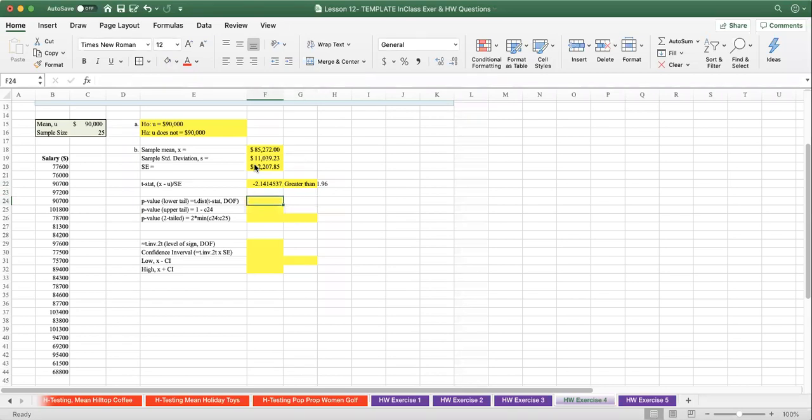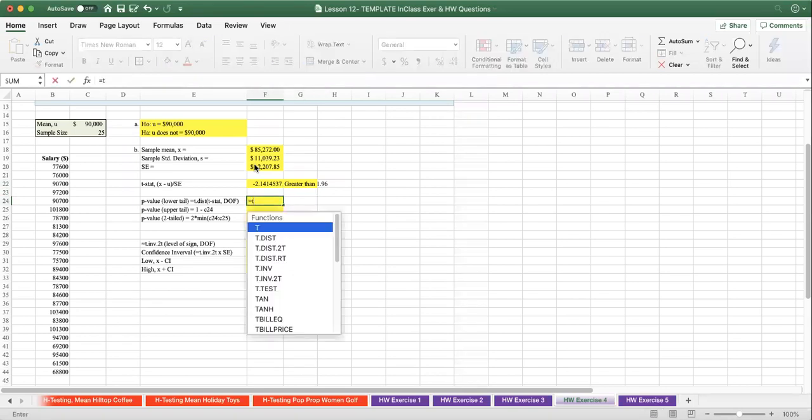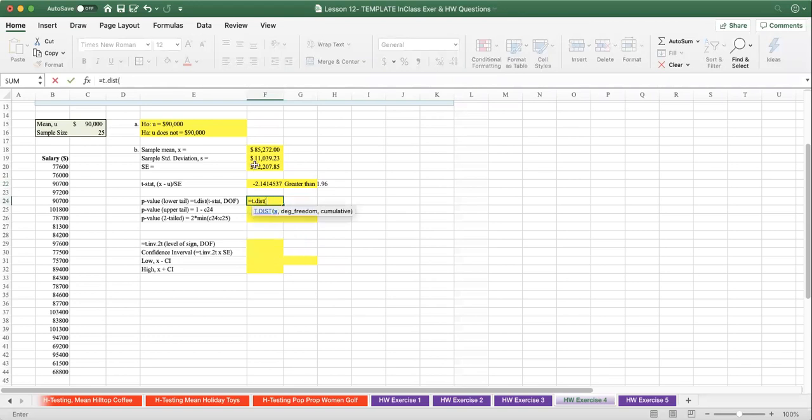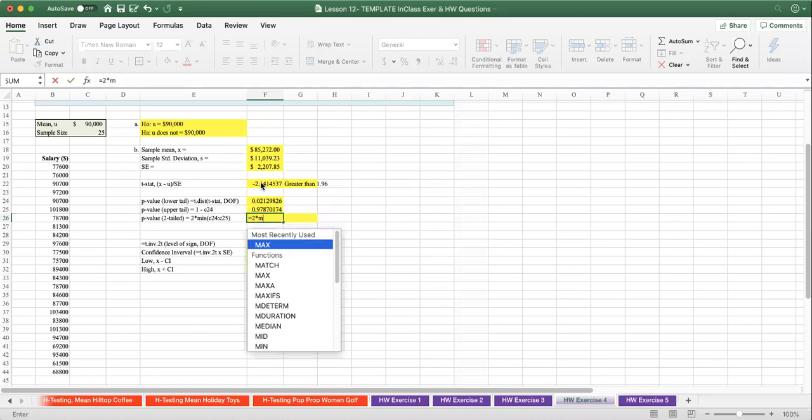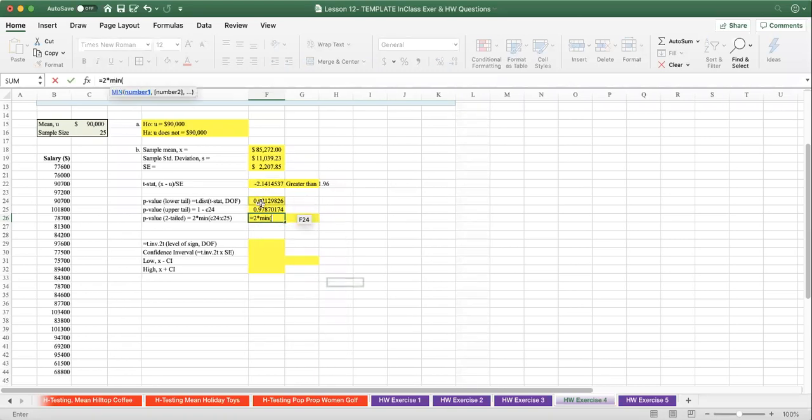Let's do the p-value. Equals T.DIST, grab your t-stat, get your degrees of freedom, which is going to be 24, so 25 minus 1, and true. Okay, then equals 1 minus that to get the upper tail, and then equals 2 times the min of these two to get the two tails.